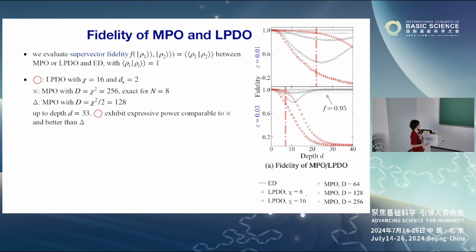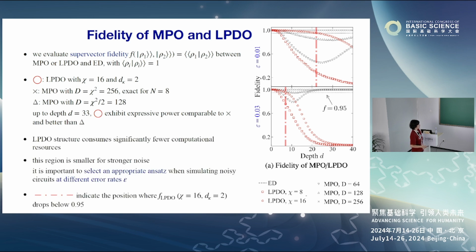We can see from this picture, the gray cross is from the exact simulation, or from the MPO without any truncation. We see that the fidelity is comparable for this line and this line. And if we choose a truncation of this MPO, the LPDO actually performs better than the MPO with truncation.